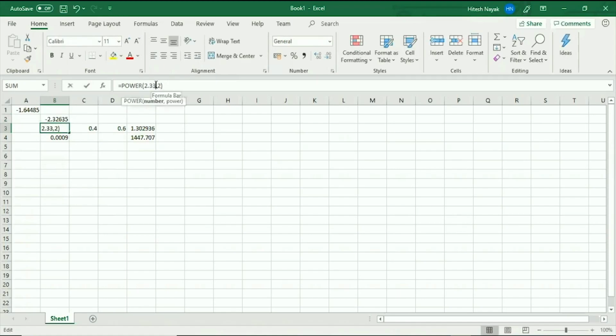Chalo. 1435. Yeah, 1435. Correct. Correct.